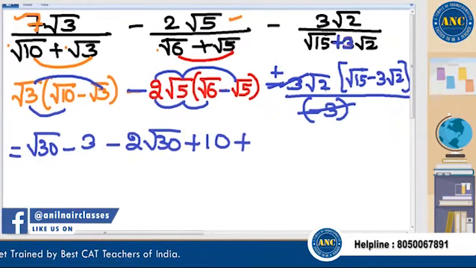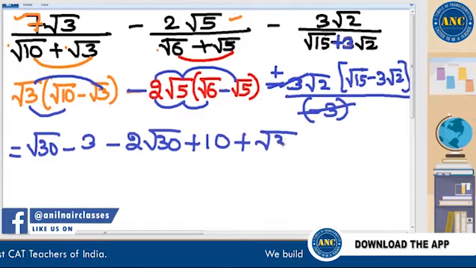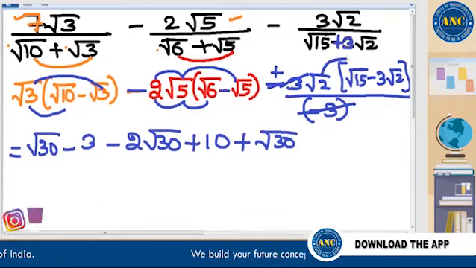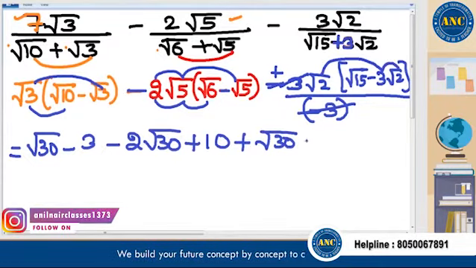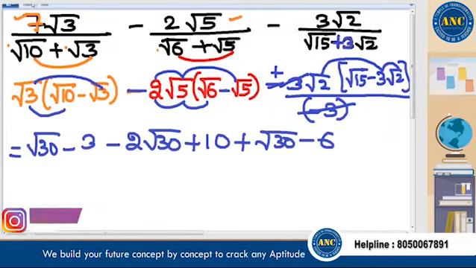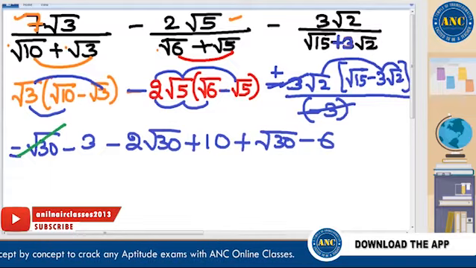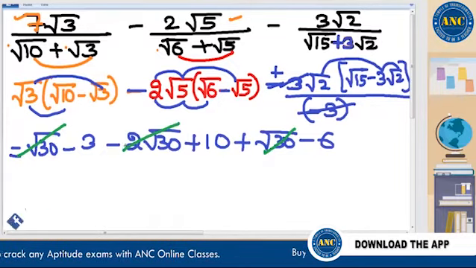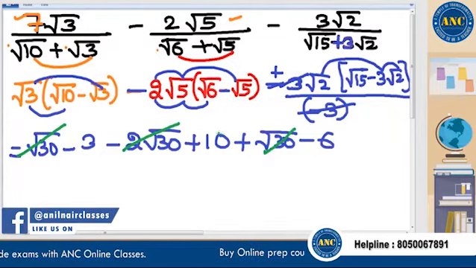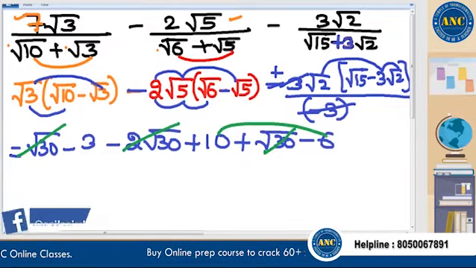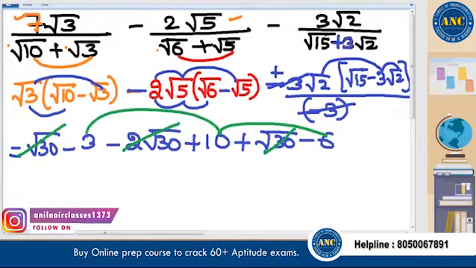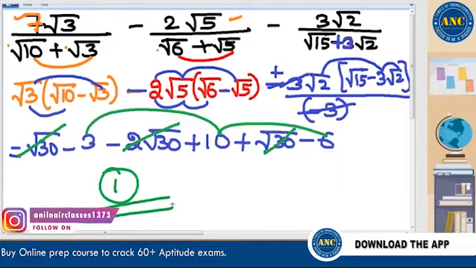Plus root 2 into root 15 is plus root 30, plus root 2 into 3 root 2, it is minus 6. What is left out, sir? Only root 30 terms: the 2 root 30 cancels with minus 2 root 30. 3 plus 10 minus 6 is 7... the remaining is 4, and 4 minus 3 is 1. Answer is 1 for this question.